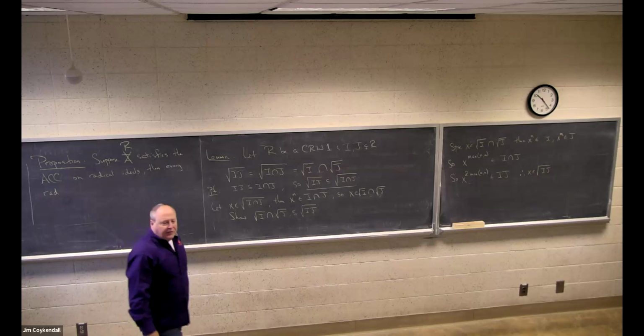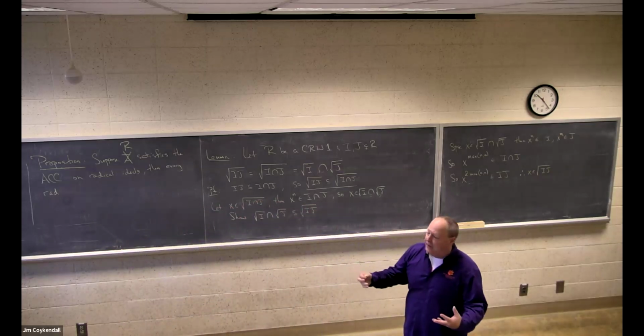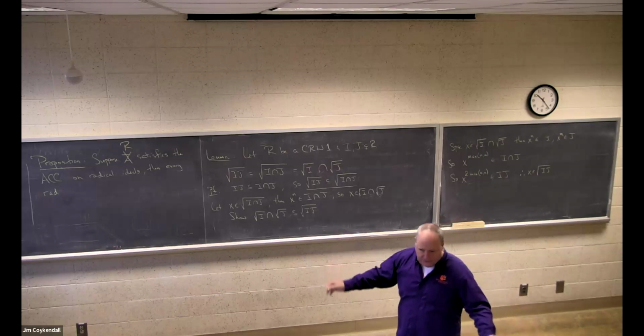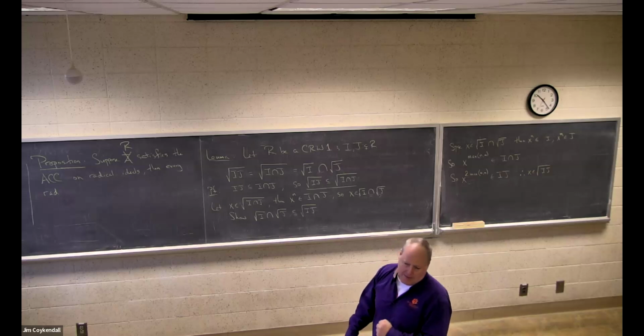What do I mean by this? This is a generalization of Noetherian, right? Noetherian means you satisfy the ascending chain condition on all ideals. This one means it satisfies the ascending chain condition on radical ideals.